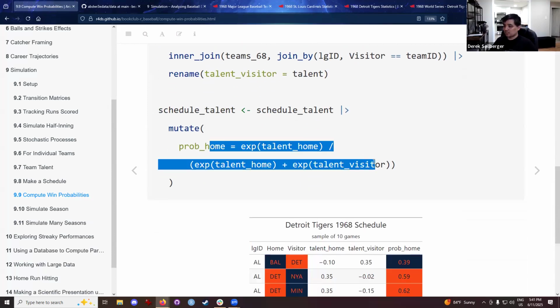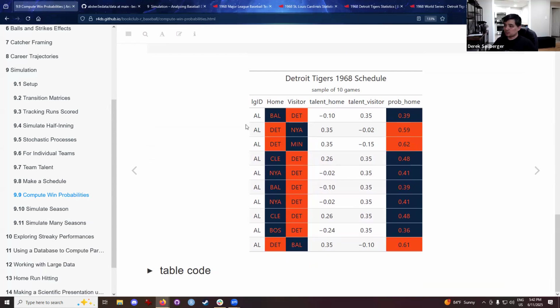We had the Bradley-Terry model for input talent, output the win probability. So here I offer a sample of 10 situations, being careful that the home team is on the left and the away team is on the right. So that might be backwards from other visualizations.